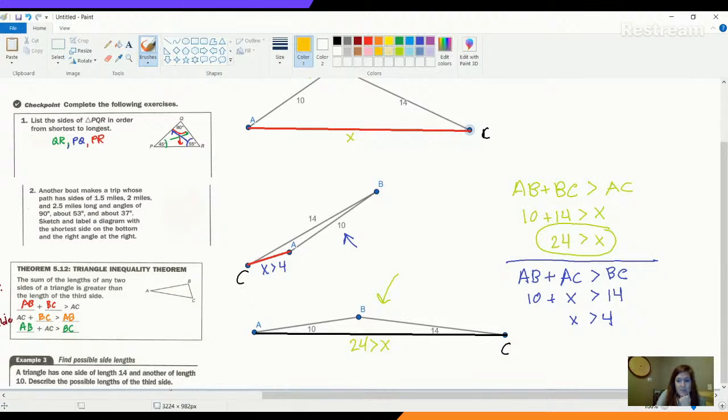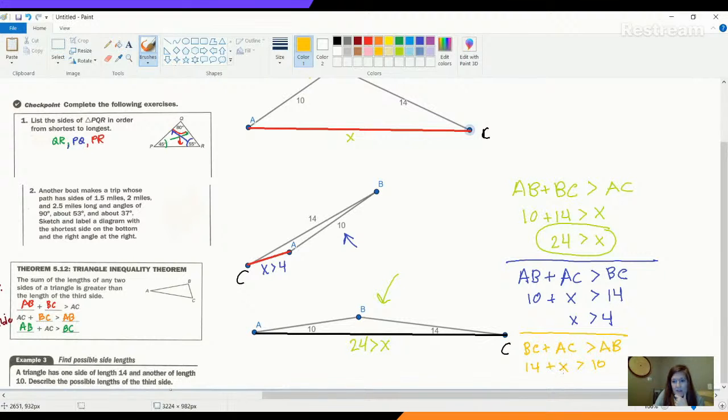So let's check the third one, which is what happens if I add together BC plus AC. Is that bigger than AB? It's my third scenario. So BC is 14 and AC is X, and that has to be bigger than 10.